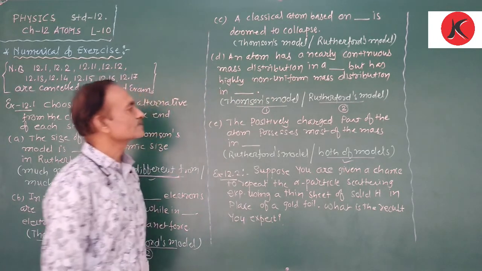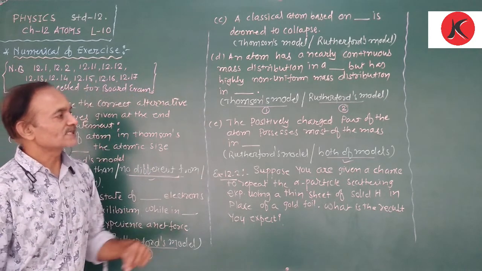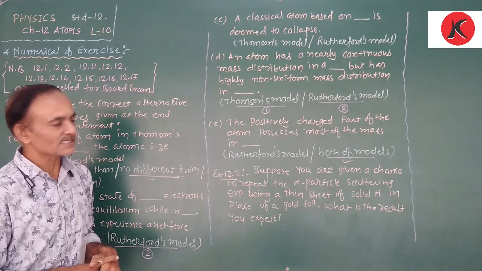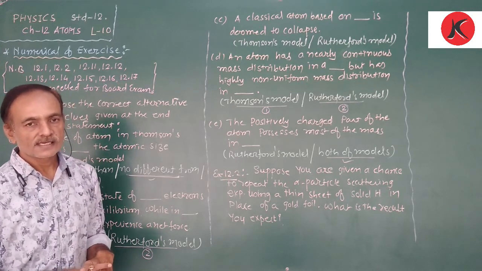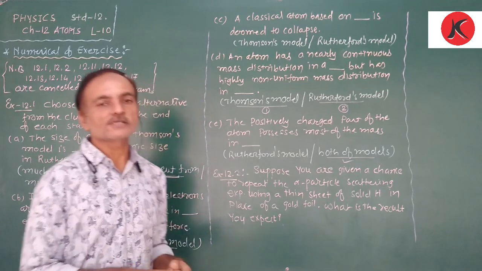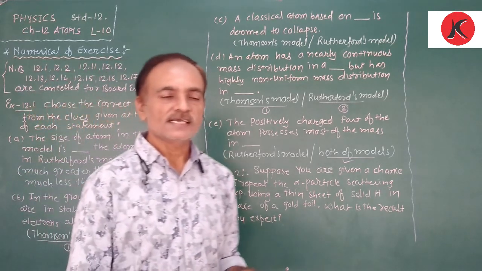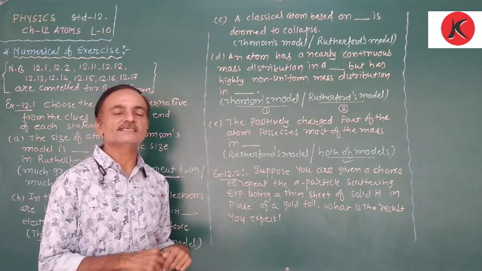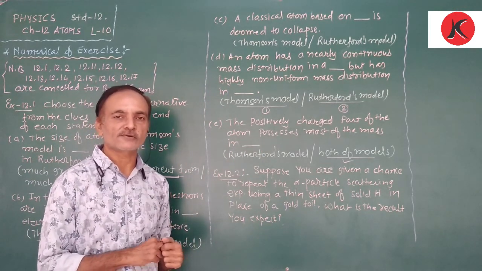Now next: the positively charged part of the atom possesses most of the mass in blank. Generally, the entire mass of the atom and also the entire positive charge is concentrated at the small central region of the atom that is known as the nucleus.